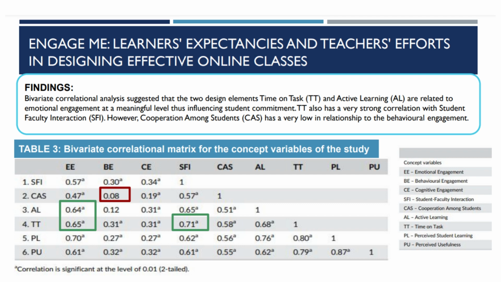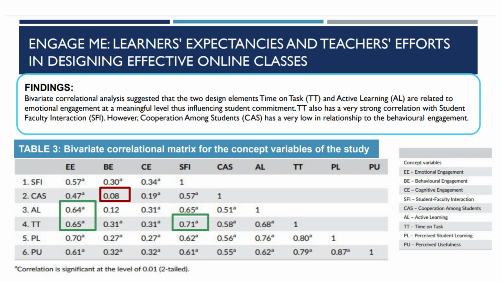Another strong relationship is time on task, TT, and student-faculty interaction, SFI. So this means that a lot of students actually go to their instructors for help and guidance in their learning. However, the research also found that there is a weak correlation between cooperation among students, CAS variable, with behavioral engagement, BE.